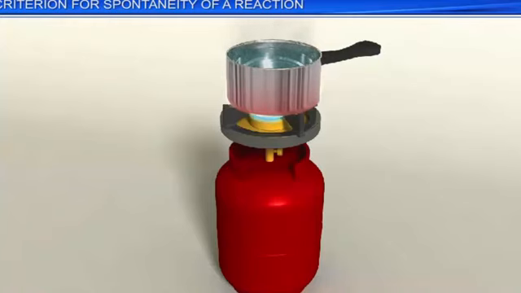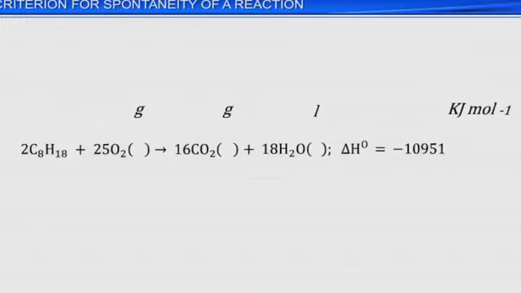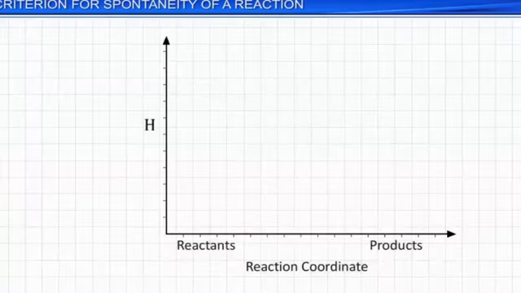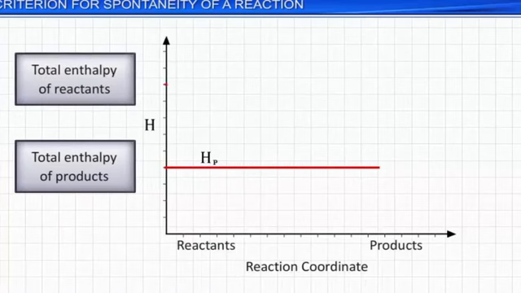Now, let's look at some spontaneous chemical reactions. When octane burns spontaneously in oxygen, it gives carbon dioxide and water. Heat is evolved. Hence, the reaction is exothermic. The reaction can be illustrated as shown here.